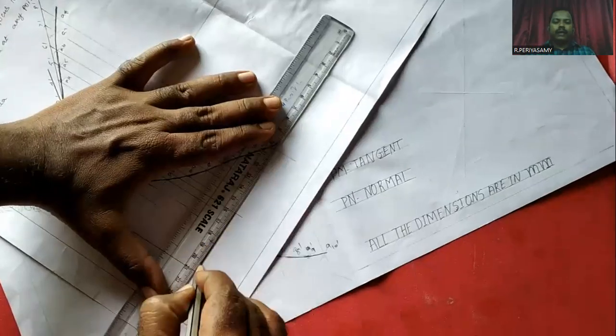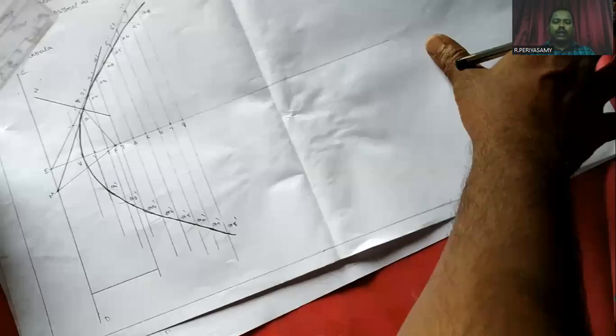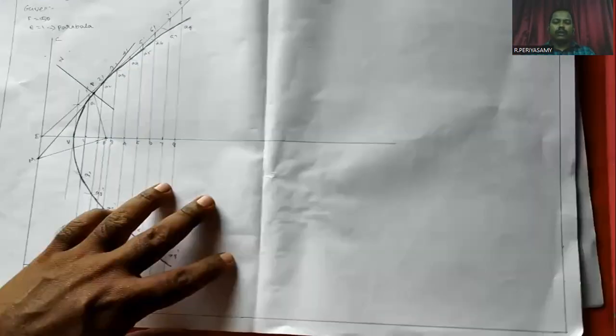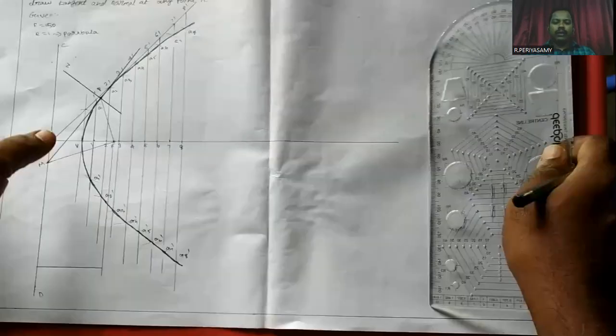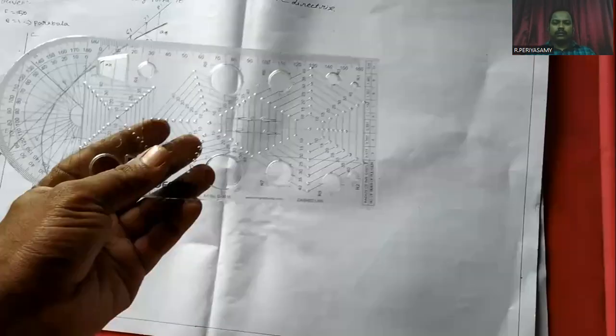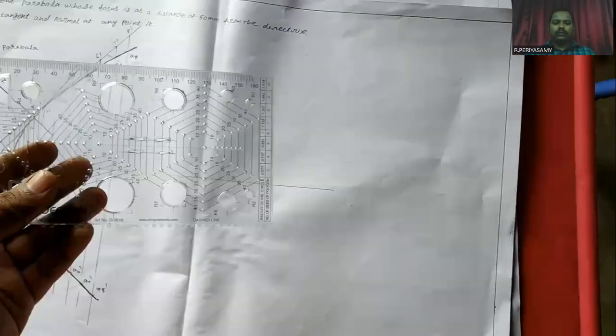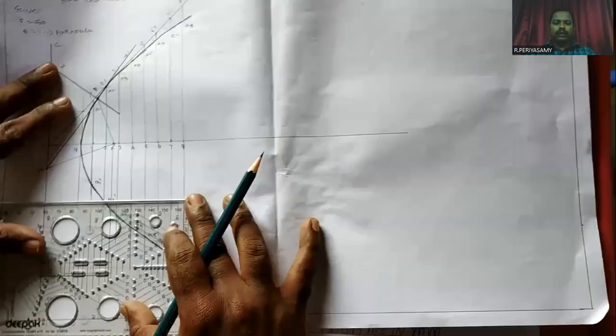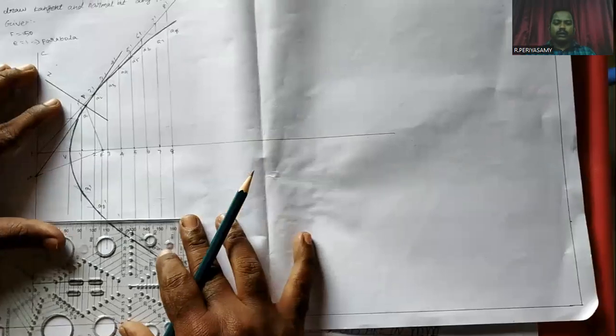The dimension line has arrowheads at both ends. The arrowheads must be drawn by using the template.